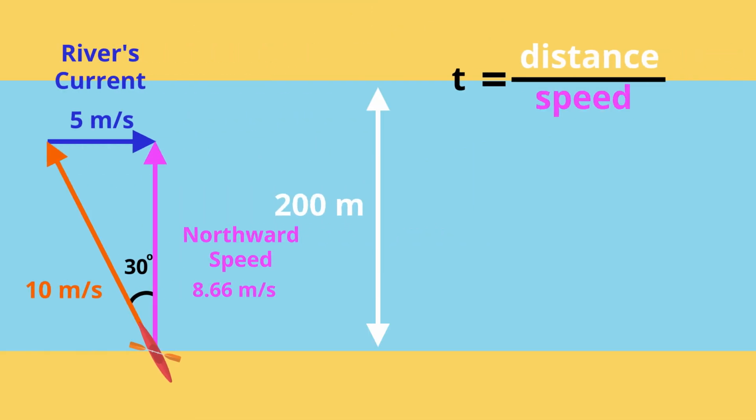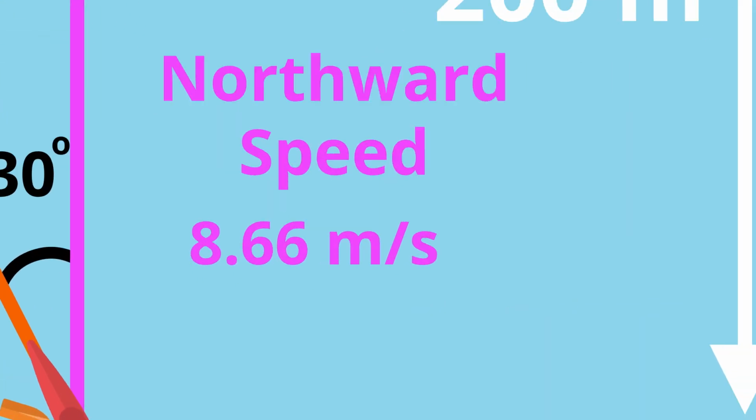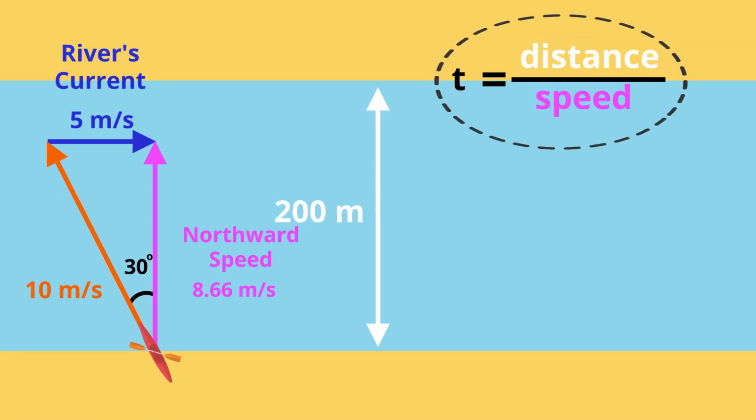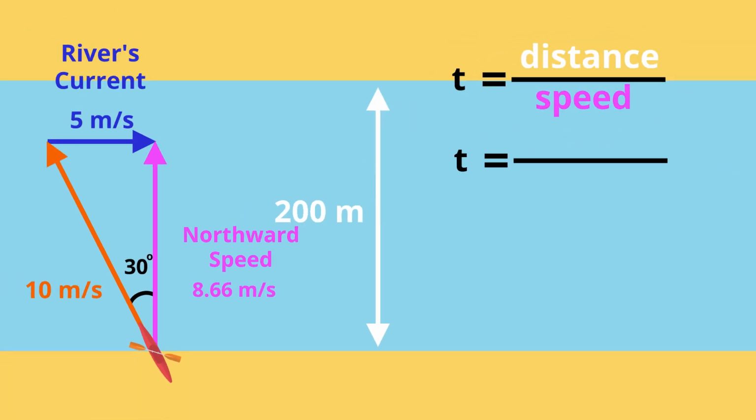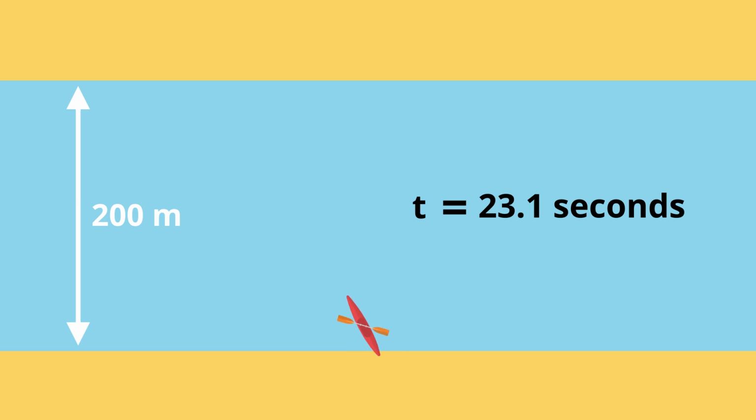The river is 200 meters wide, and the northward speed is 8.66 meters per second. Time equals 200 divided by 8.66. Time is approximately 23.1 seconds. Step 4. Interpret the answer. It will take the boat approximately 23.1 seconds to cross the river.